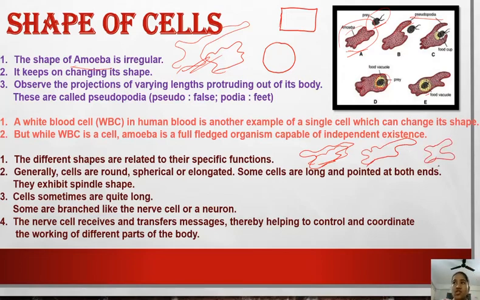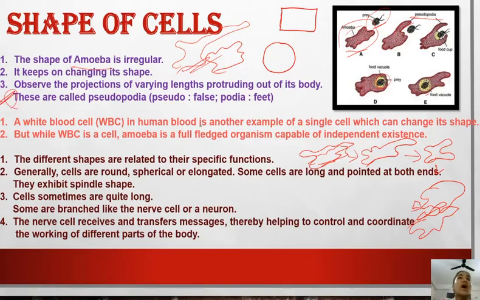You can see the shape is basically changing, right? Then it engulfed the prey and kept it, the shape is different, and then it tried to digest. The shape is different. So basically, the shape is changing from time to time. This was one example of how the shape changes.